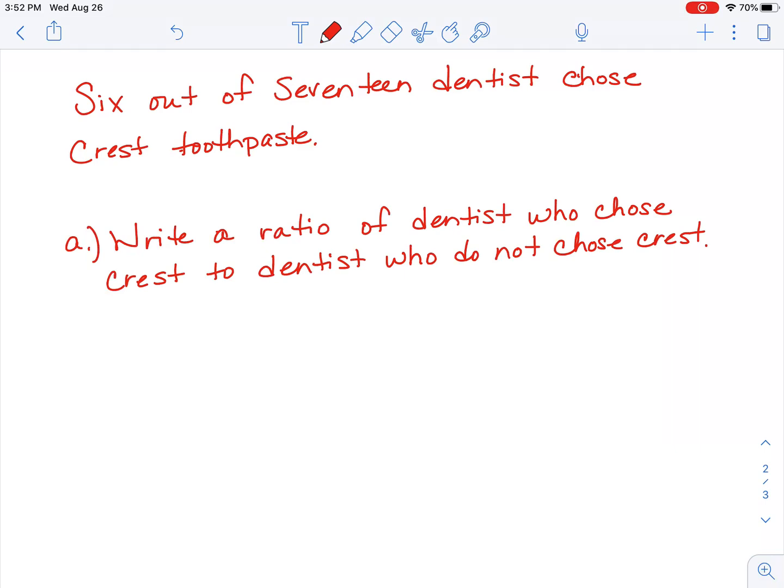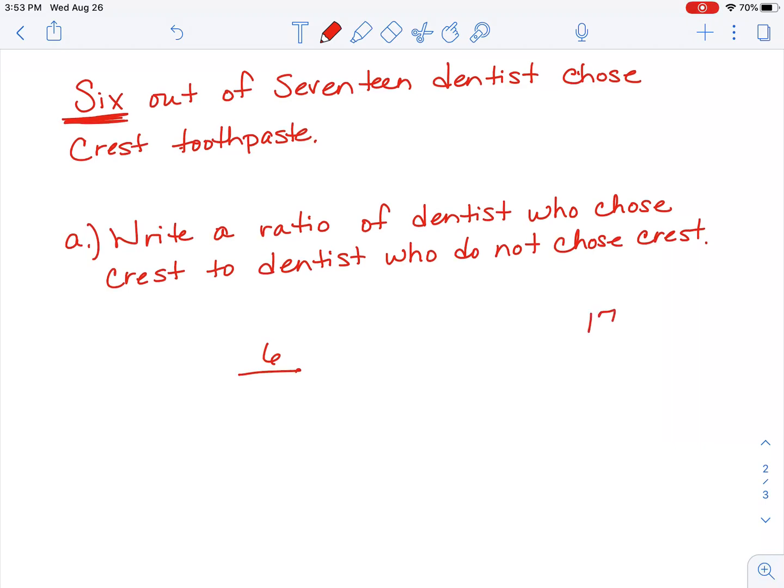All right, so how many dentists choose Crest? We know that is 6. How many dentists do not? Well, it doesn't come out and say. But do I know there's 17 dentists in all that they asked? Yes. Take away the 6 that chose Crest.